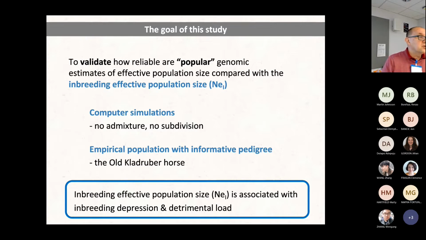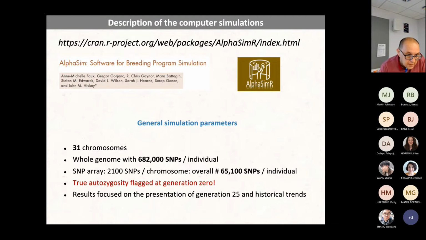In our computer simulation, we were very much interested in how these LD estimates correspond to inbreeding effective population size. In the simulation, we were able to have true autozygosity since generation 0, flagging generation 0 and then counting the realized autozygosity. So this is a computer simulation.